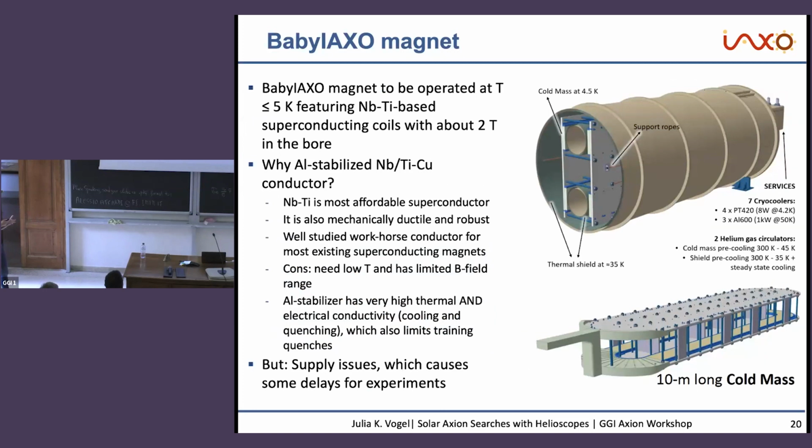But why do we want this specific cable? First, the BabyIAXO magnet is going to be operated at cryogenic temperatures of below 5 Kelvin. We're using that cable to get to an average of around 2 Tesla in the bore. And so why this cable?